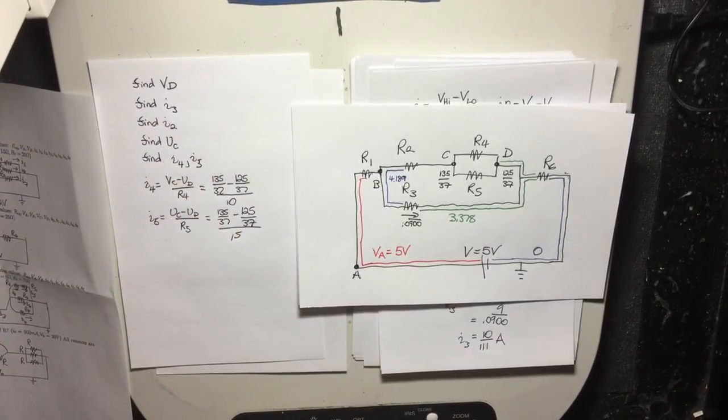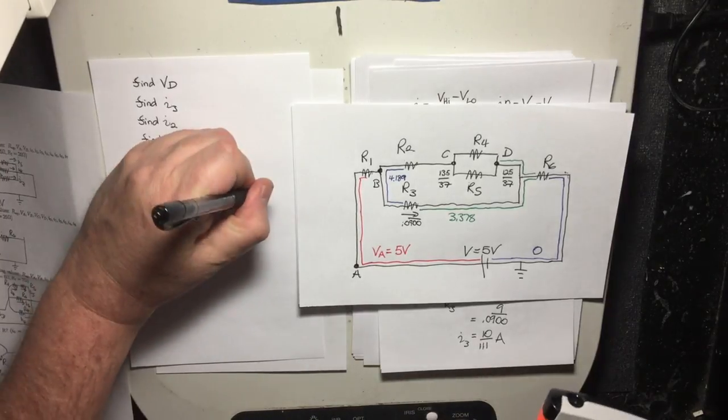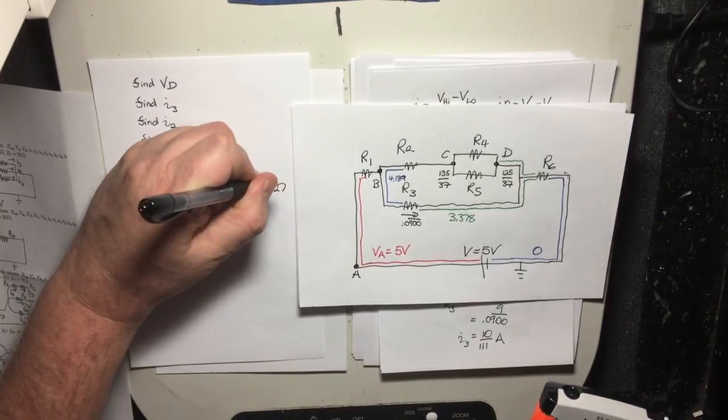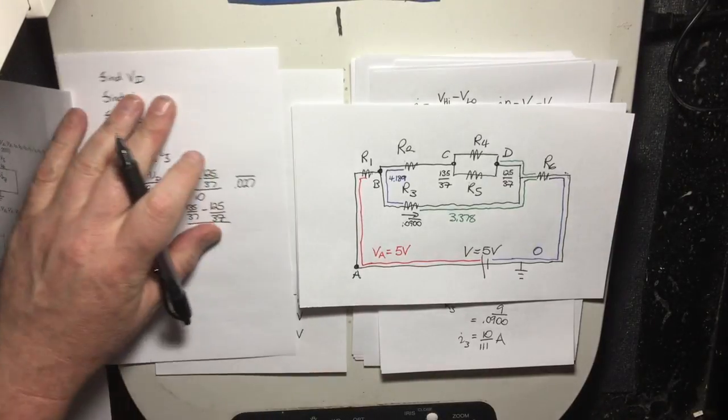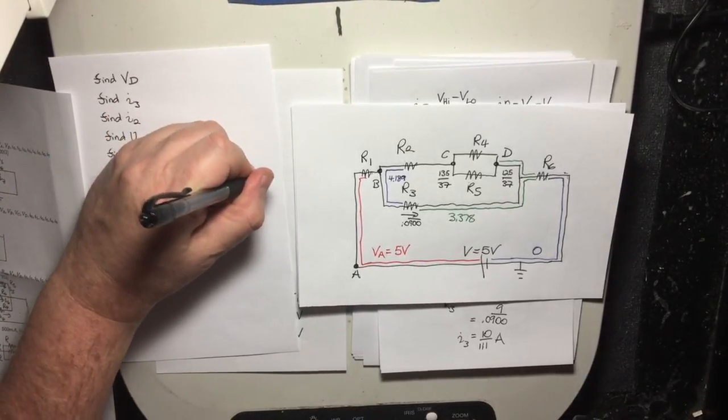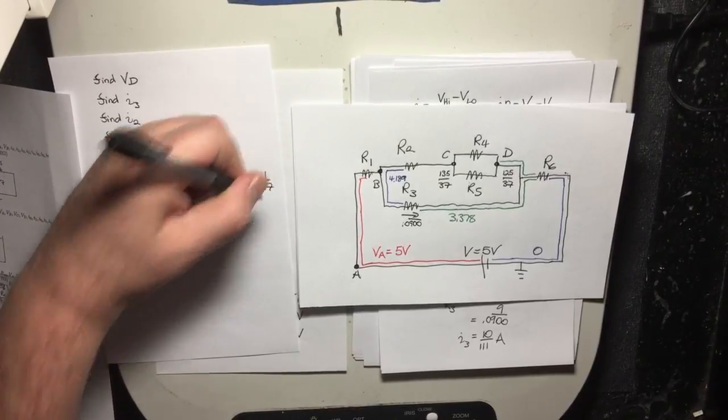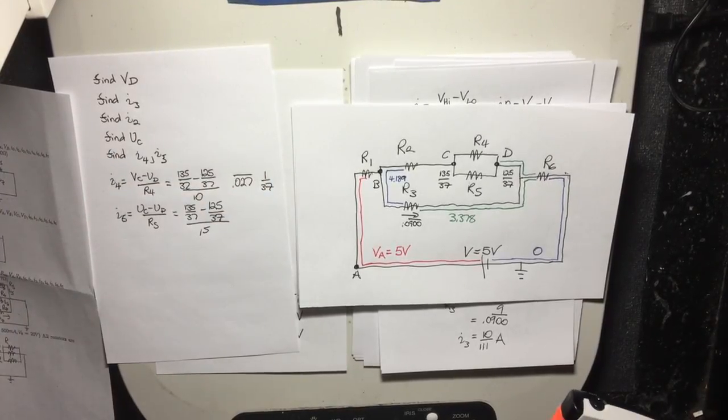In both cases, 10 divided by 37 is the numerator. 0.027 repeating. High always on the left and the low on the right. Yeah, that's how I usually do it. I just say high and low because I'm only interested in the magnitude of the current and I know where it goes.